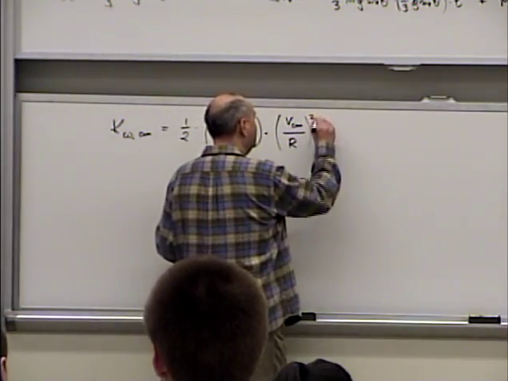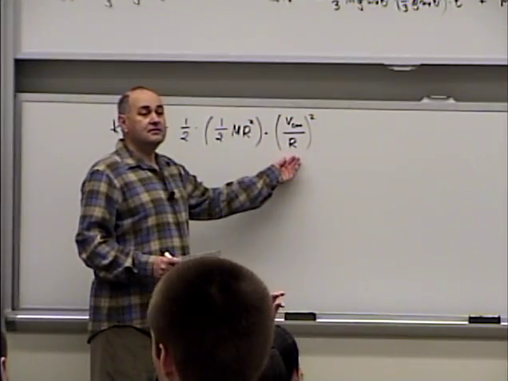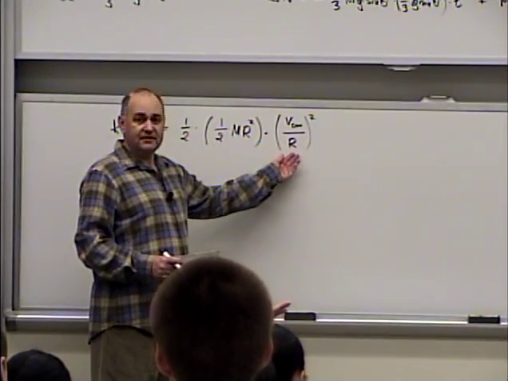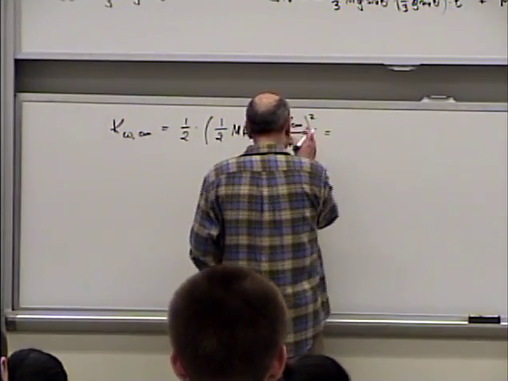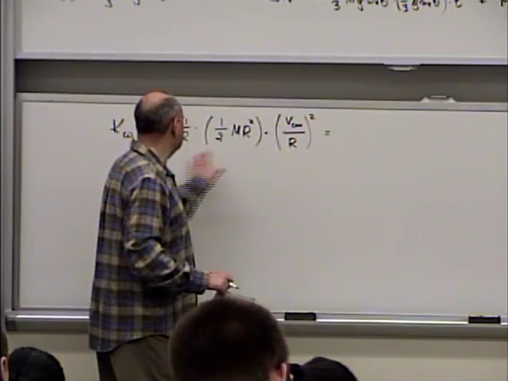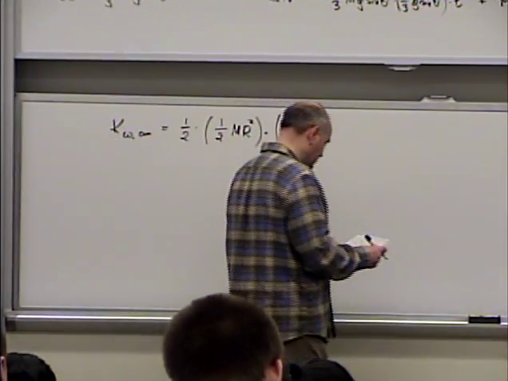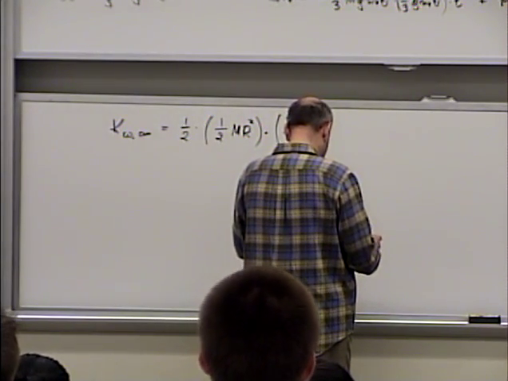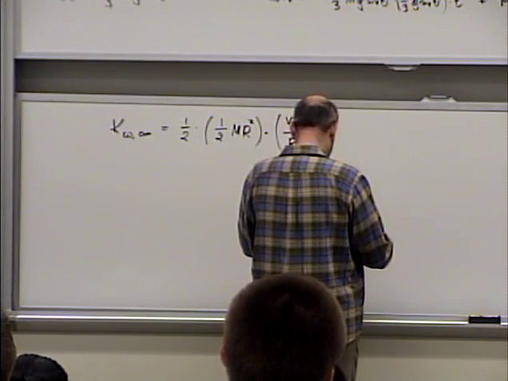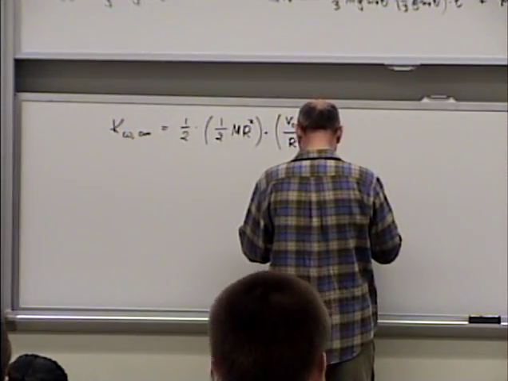So if I square it, I have the square of the angular velocity. So this is the kinetic energy of the disk.